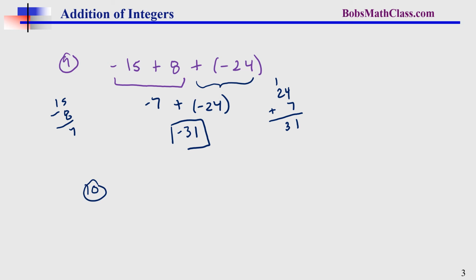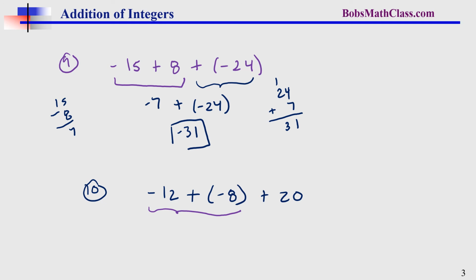All right, let's do one more. All right, negative 12 plus negative 8 plus 20. All right, so first we're going to do the first two.